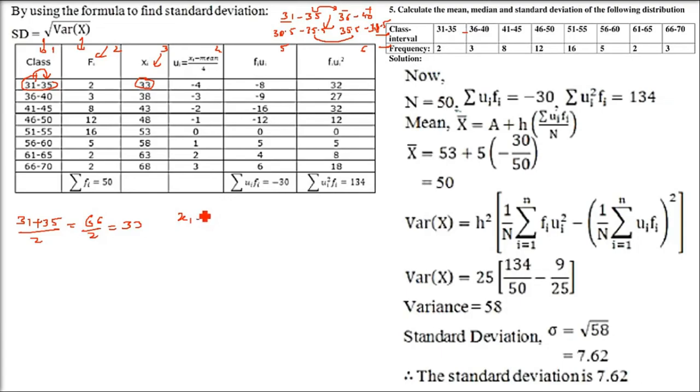You can take any of 43, 48, 53, 58. But the best one, because the values go from 33 till 68, the central one would be 53. So take 53. So 33 minus 53 is going to be minus 20, and if you divide it by 5, you are going to get minus 4. So that will be a smaller number.